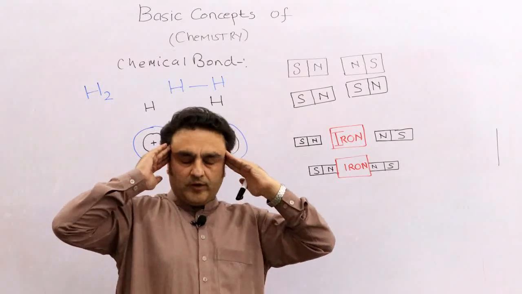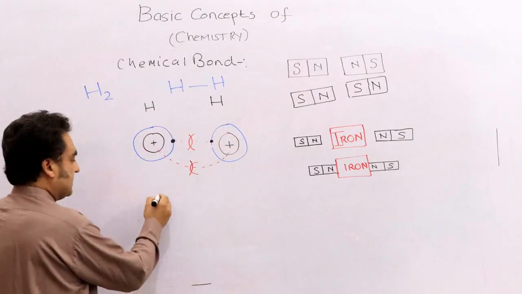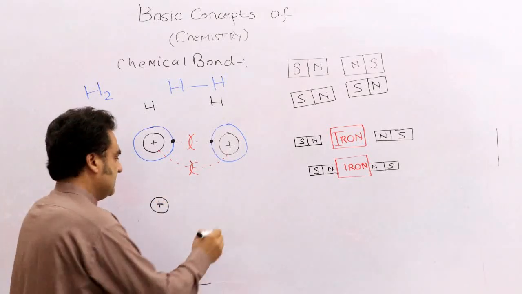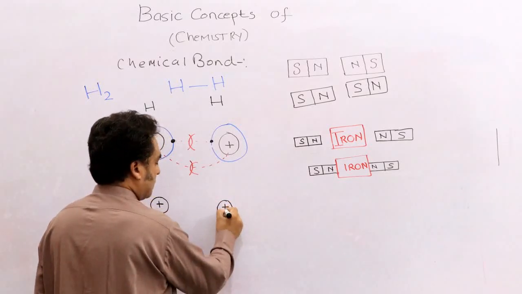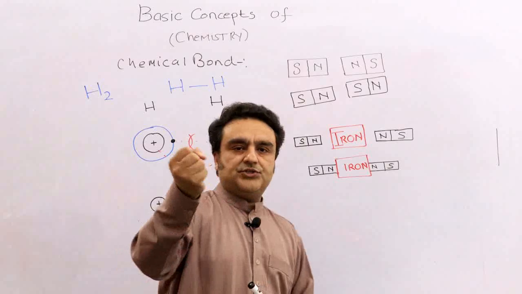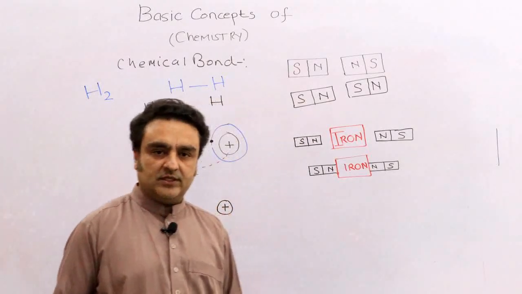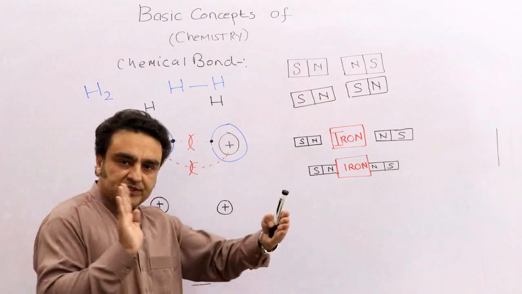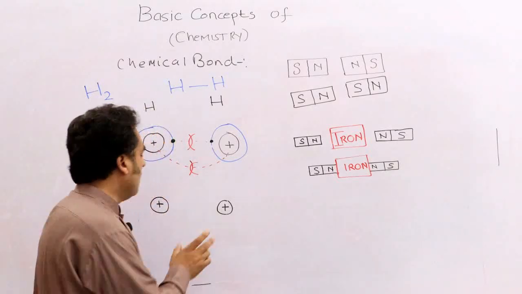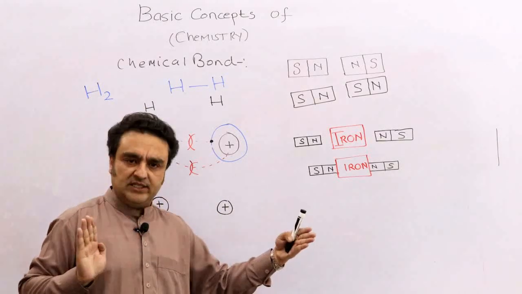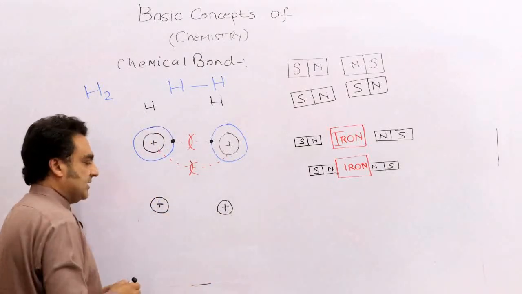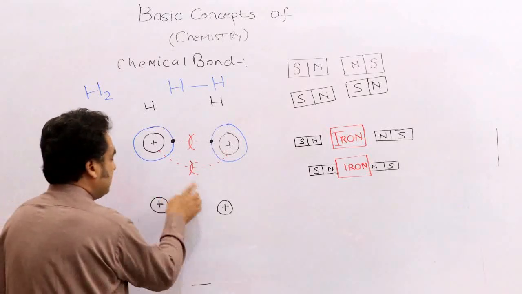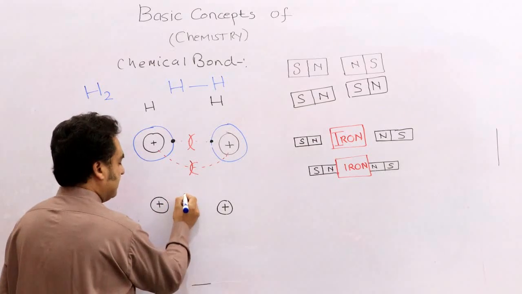Let's assume for a moment that you have these positive ions, I mean the nucleus or the protons of one and the other, and suddenly the electrons disappear from here, and they are a little bit further away from each other, or they just repel each other very slightly, not with a big force, they are not near each other, and suddenly both the electrons come and sit here.